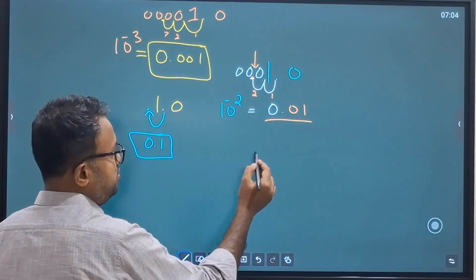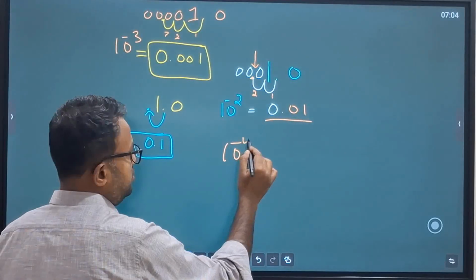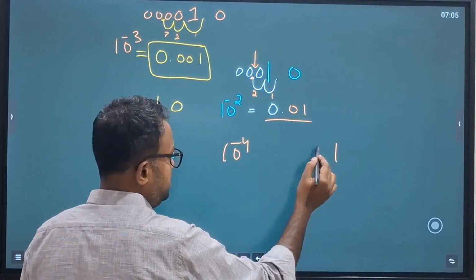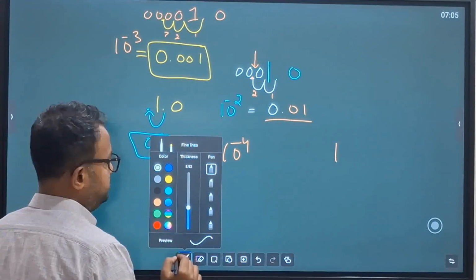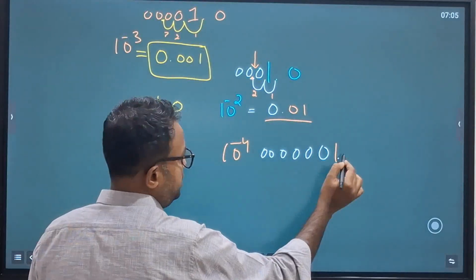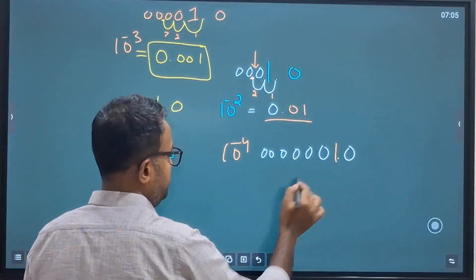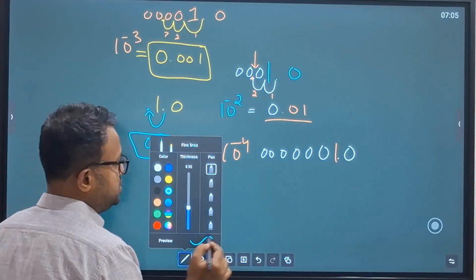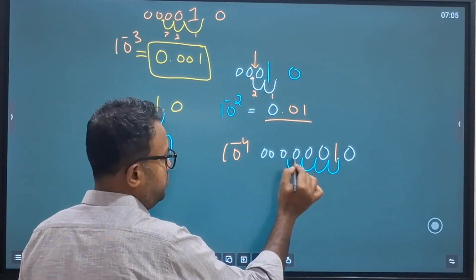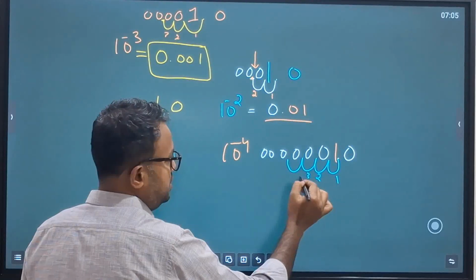Getting it? So 10 power minus 4. How do you write 10 power minus 4? You will have 1, and you assume there are some zeros here, like 1.0. You have to carefully shift: 1, 2, 3, 4.